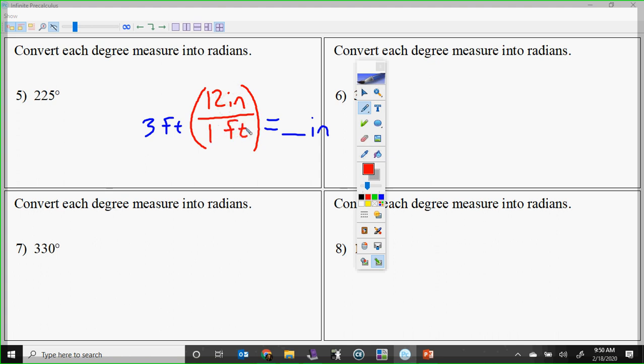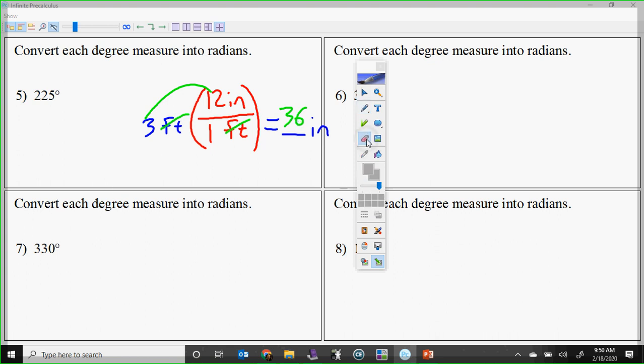All right, I have a conversion factor here. 12 inches is equal to 1 foot. So when I multiply by 12 inches over 1 foot, they're the same. And when I multiply something over itself, it's just 1. Okay, well, here the feet cancel out. 3 times 12 is 36, and of course divided by 1, 36 divided by 1 is 36. So that's how I would really convert.